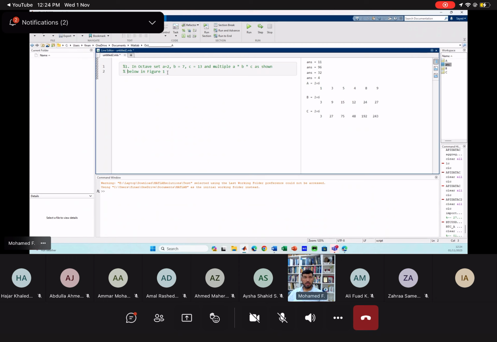So the question says, in Octave, set A equals to 2, B equals to 7, C equals to 13, and then multiply them.